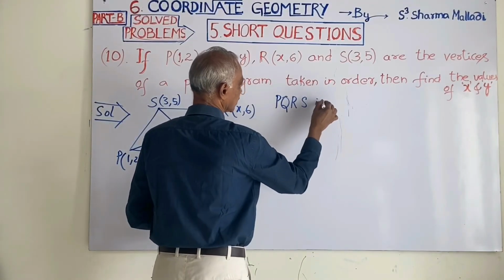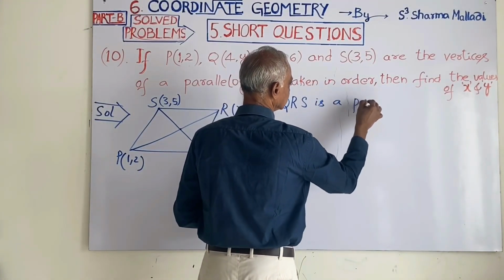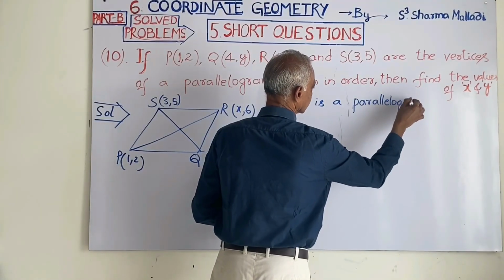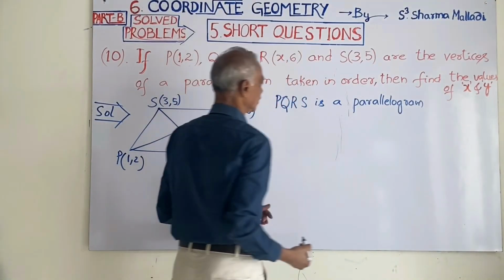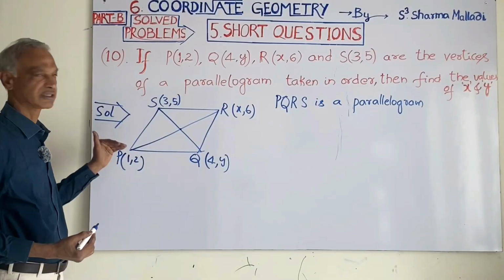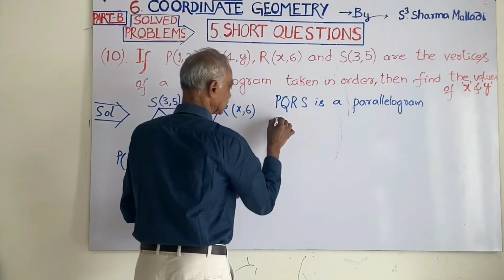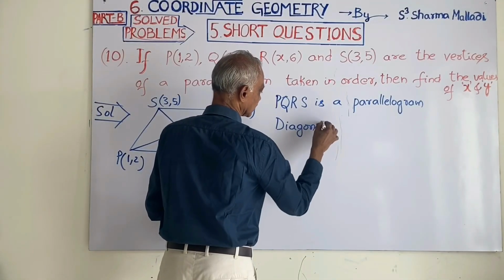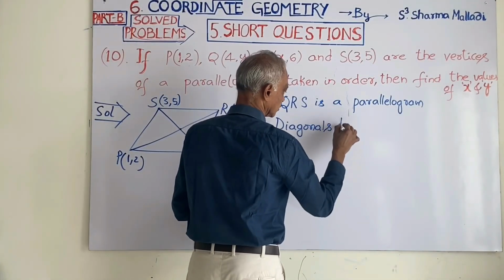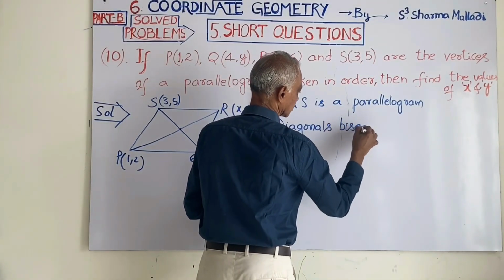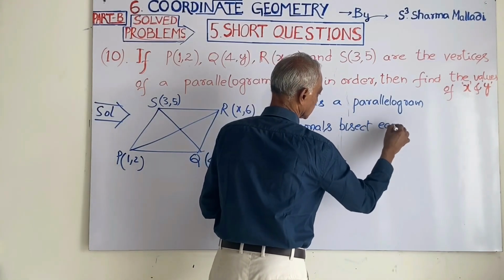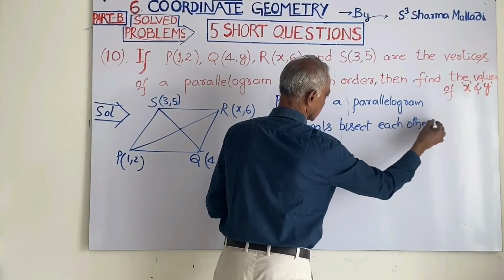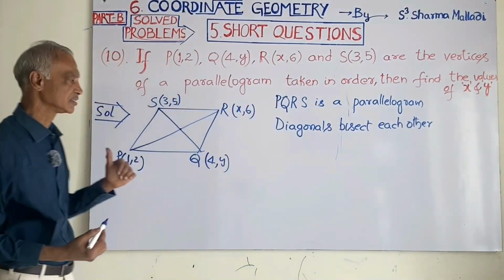PQRS is a parallelogram. Diagonals bisect each other in a parallelogram.